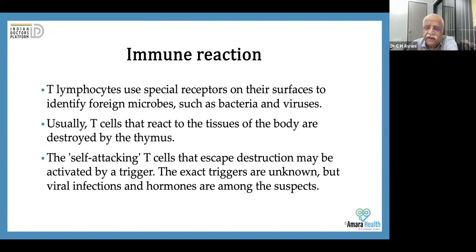The self-attacking T cells that escape the destruction by the thymus are activated by some trigger. What trigger? We don't know yet. Could be some environmental trigger, too much drug taking. Viral infections and hormones are among the most suspected triggers. Now, what happens?